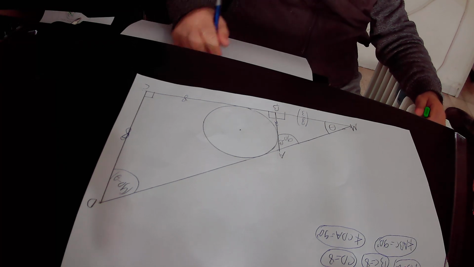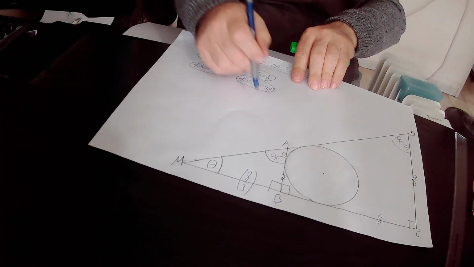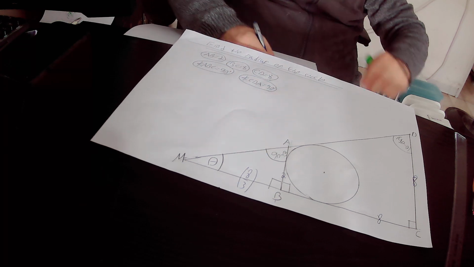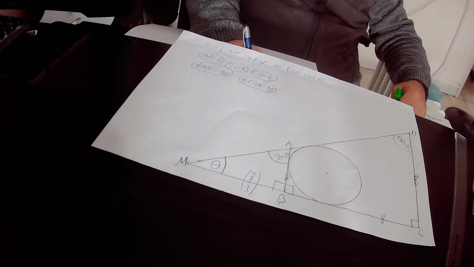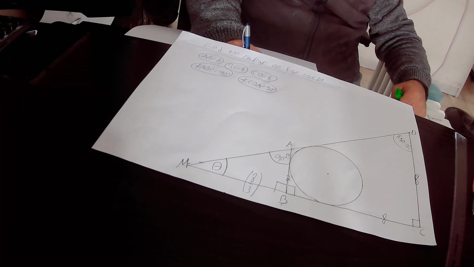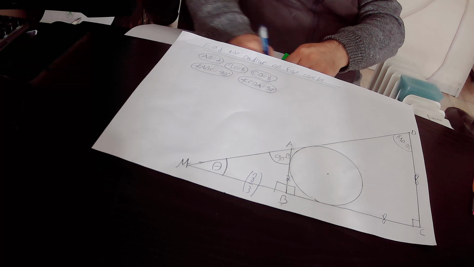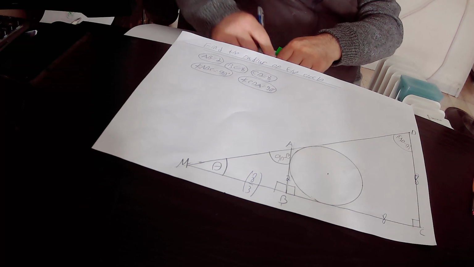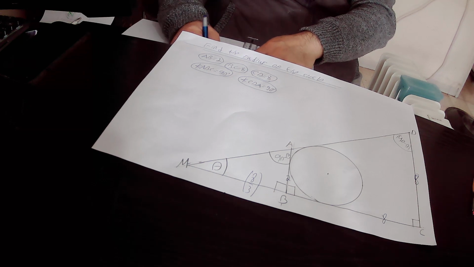In the next step, we'll implement the Pythagoras theorem on this right small triangle, triangle MBA. So here PT is the abbreviation for Pythagoras theorem. According to the Pythagoras theorem, in any right triangle, the square of the hypotenuse equals the sum of the squares of the perpendiculars.